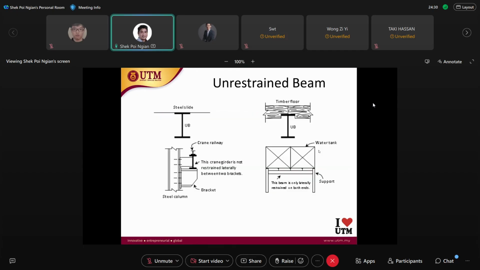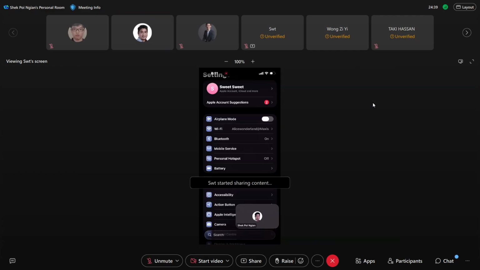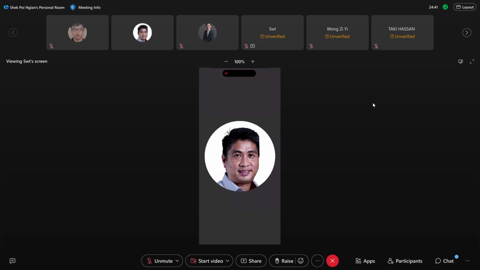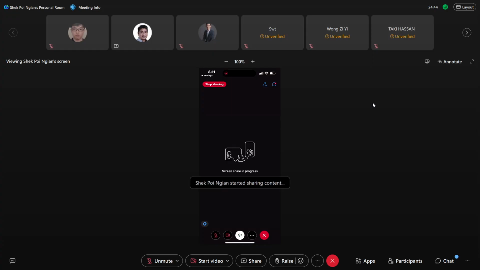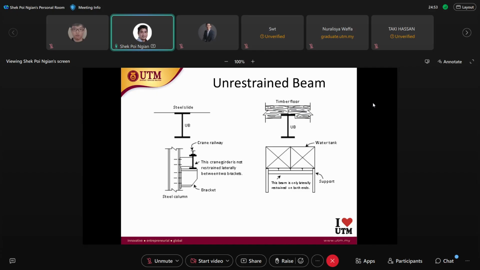Okay. So any beam without restraint on the top flange, we call it unrestrained beam. Other than these four figures in the slide, these are the common cases where the beams are considered as unrestrained.